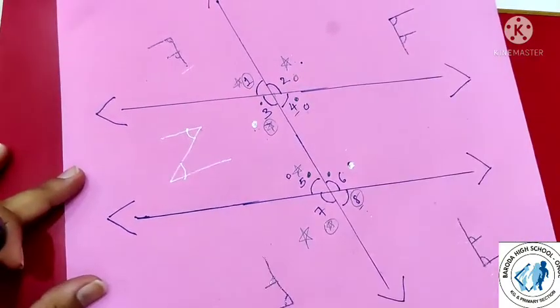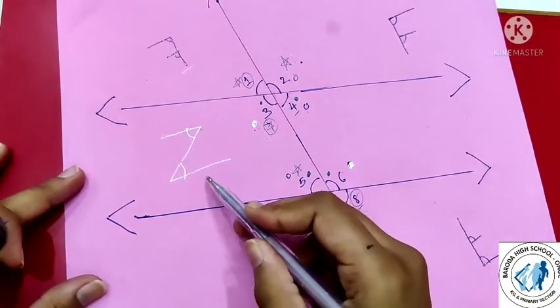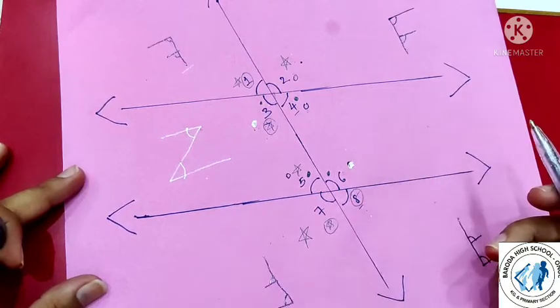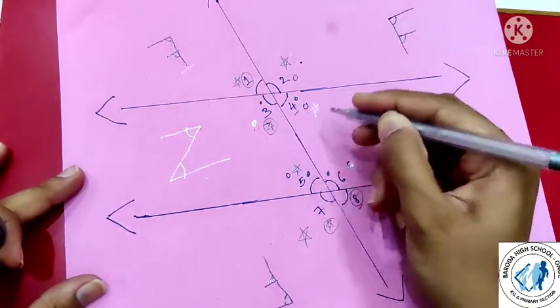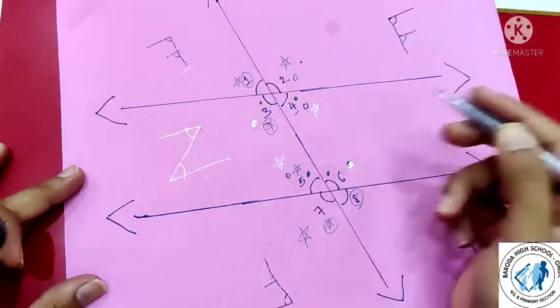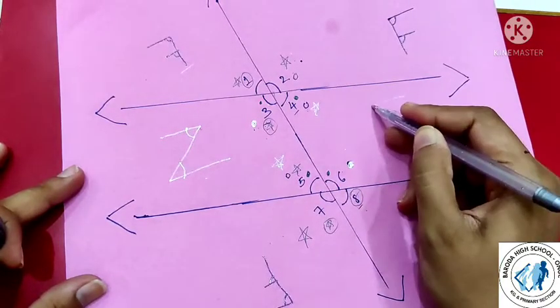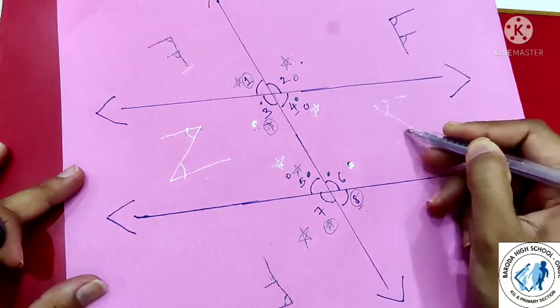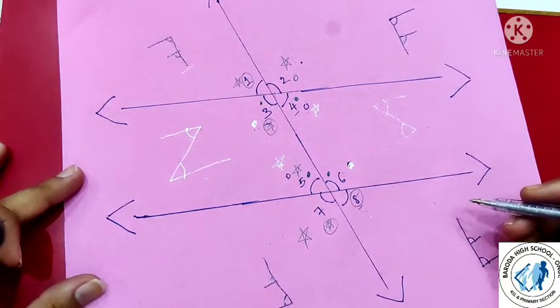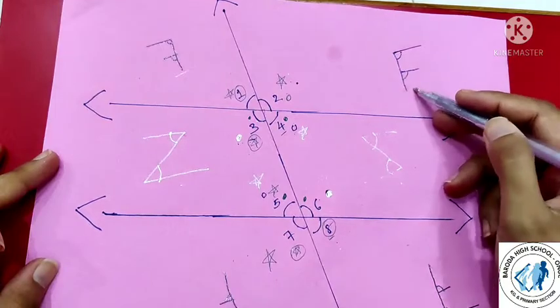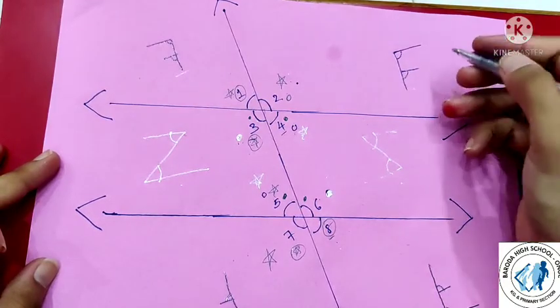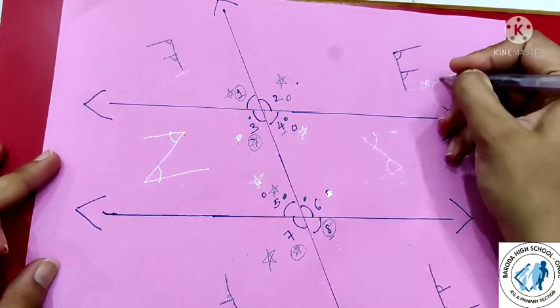And whenever we have a Z like structure, they are called alternate angles. Correct? 3 and 6 are alternate. 3, 4 and 5 are my alternate angles. Correct? When we have a Z like structure, that is our alternate angles. When we have an F like structure, they are corresponding angles.